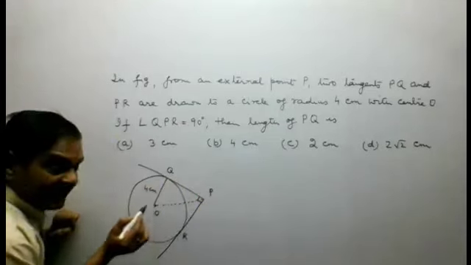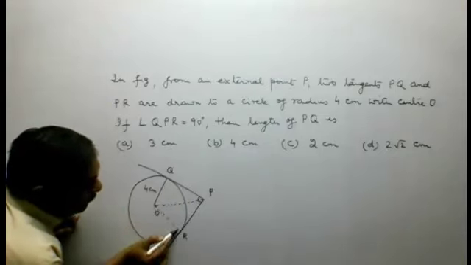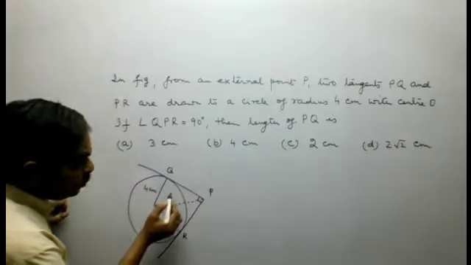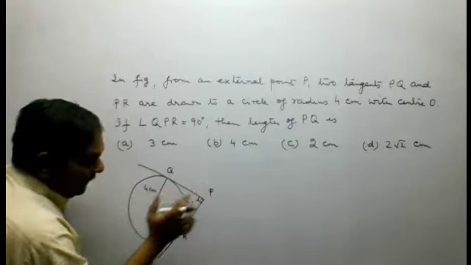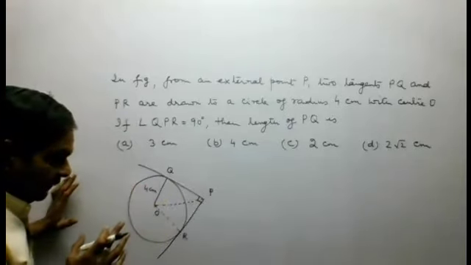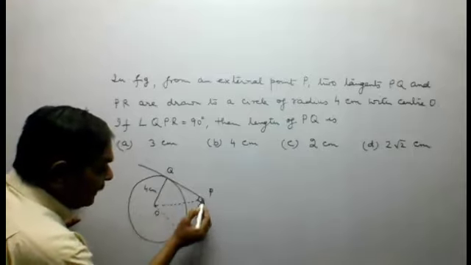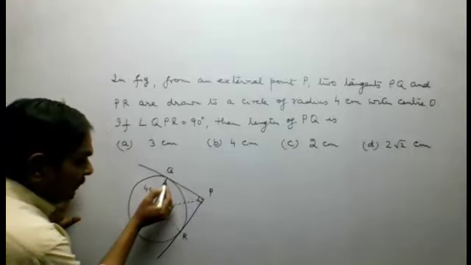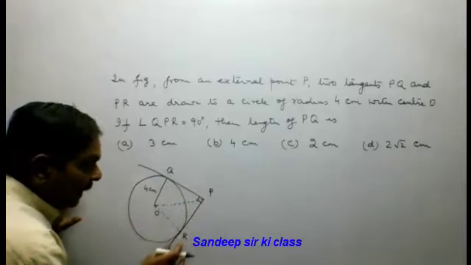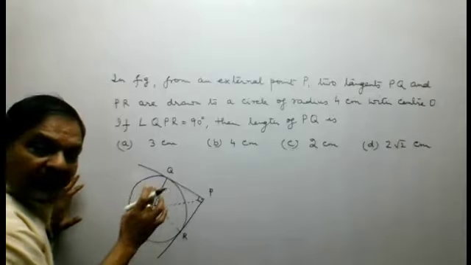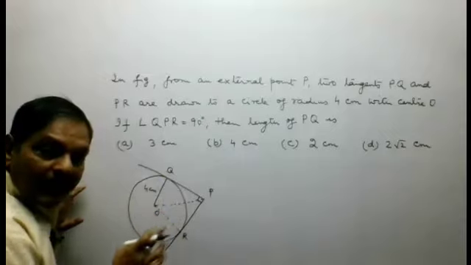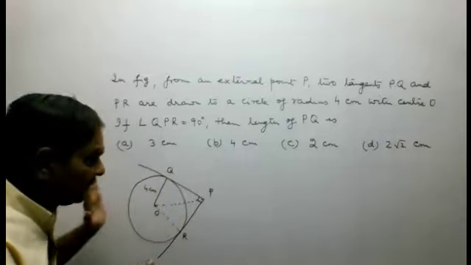Now O is the center, I join O with R. Now we know that these two triangles, that is OQP and ORP, are congruent triangles. The reason is that OP is the common side. Both have two angles as 90 degree because PQ and PR are tangents, and two sides are same, that is OQ and OR are same because both are radius of the circle.